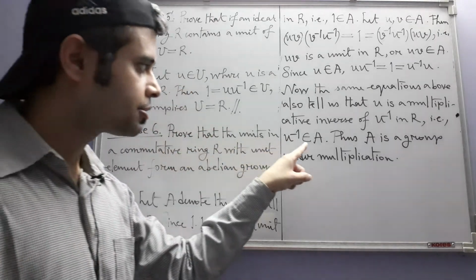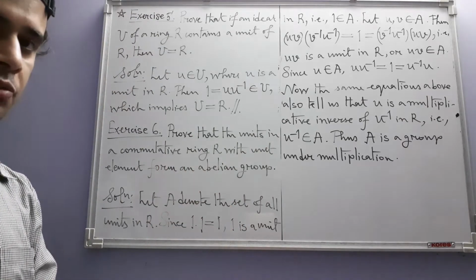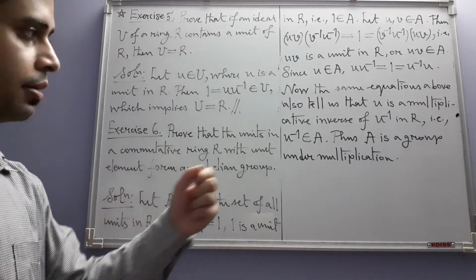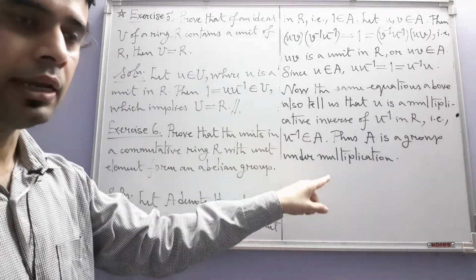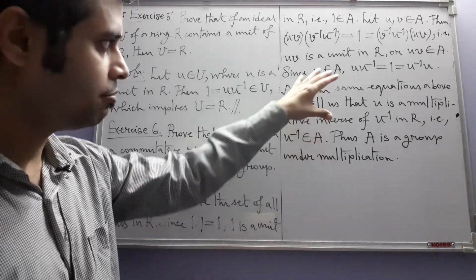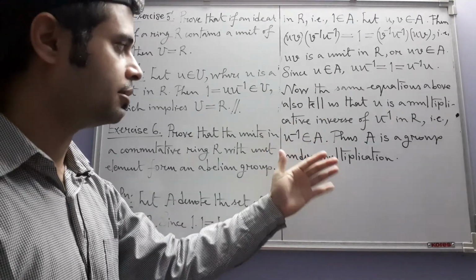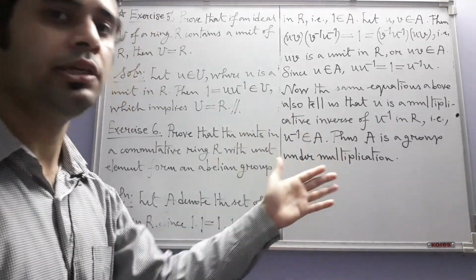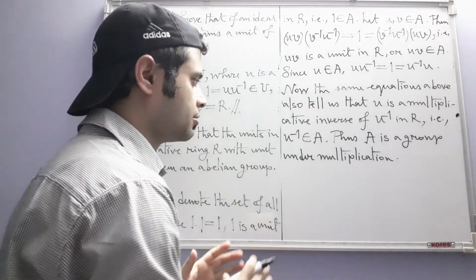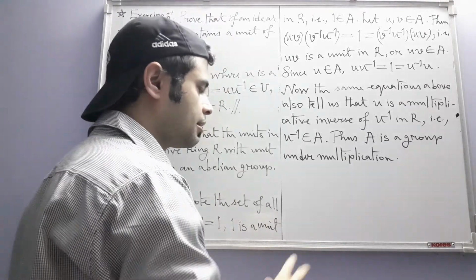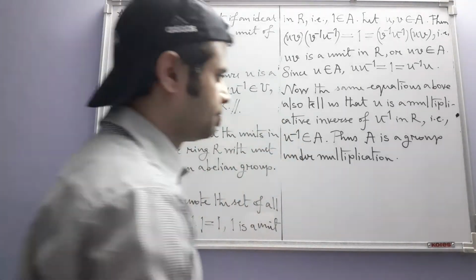All the elements of A already have the multiplicative inverses in the ring, but do those multiplicative inverses belong to A? To show that, we had to write this, because the inverse of an element in A has to be in A, otherwise A will fail to form a group according to the definition. So now we have all the pieces and we can say that A is a group under multiplication.